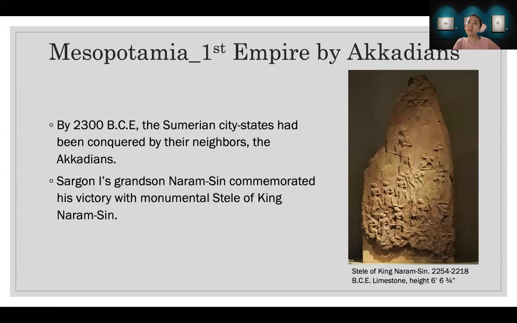Sargon I's grandson, Naram-Sin, commemorated his victory over the Lulubi people of eastern Mesopotamia with the monumental stele of King Naram-Sin. So this is the sculpture. It pictures the Akkadian king dressed in godlike regalia and striding confidently over the defeated soldiers.